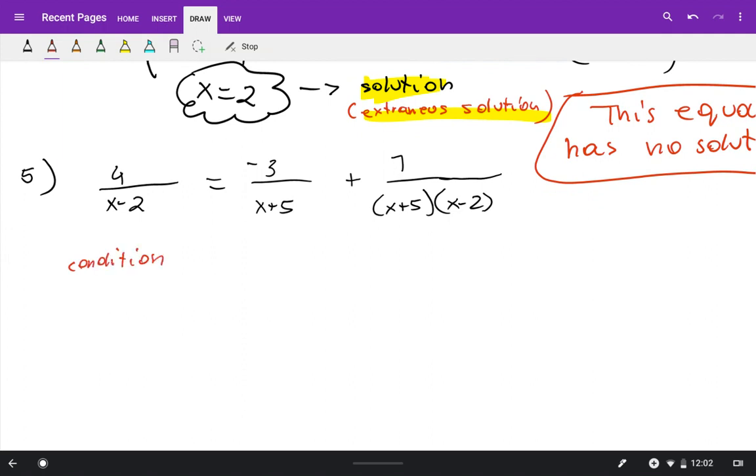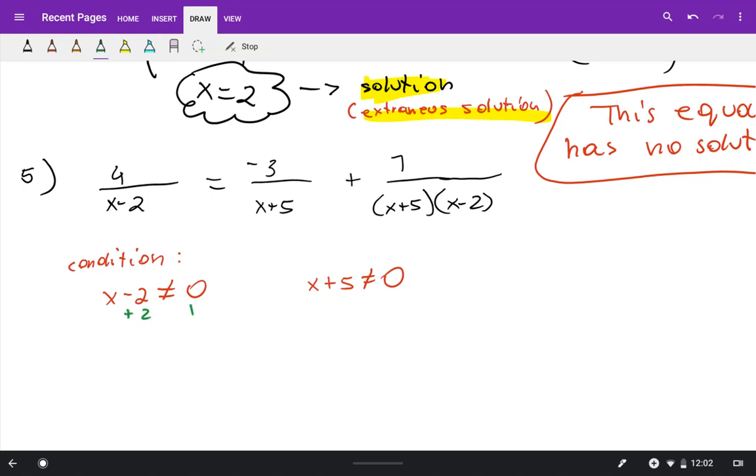So condition: this equation will be true only if x minus 2 is never equal to 0, and only when x plus 5 is never equal to 0. And the last one, x plus 5 times x minus 2, you see they're already repeating, so I don't need to put it because I already have them. Solve them for x, like you're solving an equation.